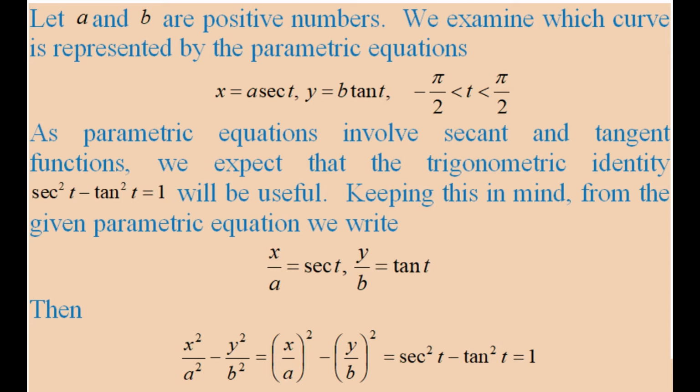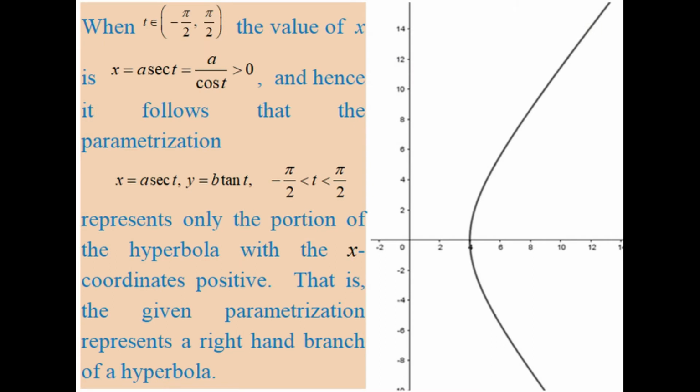But here there is a restriction on t. In our parameterization, t varies over the open interval with left endpoint negative pi by 2 and right endpoint pi by 2. When t belongs to this open interval, the value of x = a sec t, which is equal to a by cos t, is greater than 0.